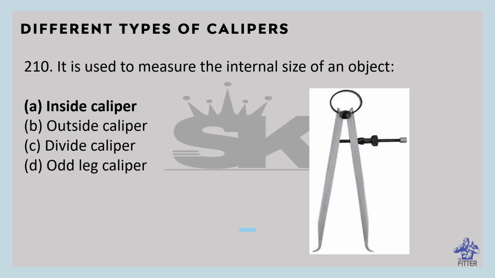Okay, it is made of carbon steel, and you can see its legs turn outwards to measure the inside dimension. If we want to find a ring's inside diameter, we will use inside caliper.